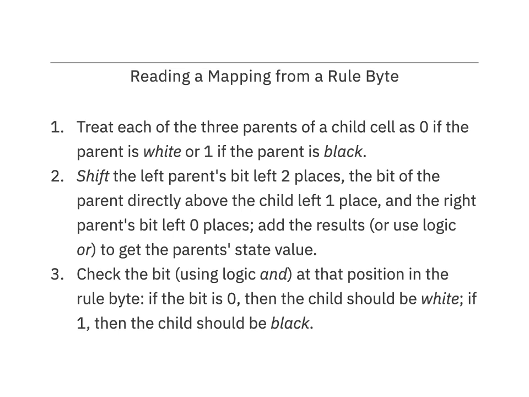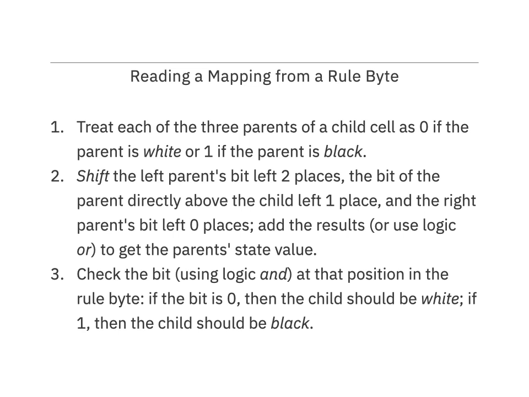To get which state the parents represent, we shift the left parent's bit left twice, the bit of the parent directly above left once, and we don't shift the bit of the right parent at all. We then join these bits either by adding or applying a logic OR operation to get the state label value from 0 to 7, which we can treat as a key or index to look up a bit in the rule byte.